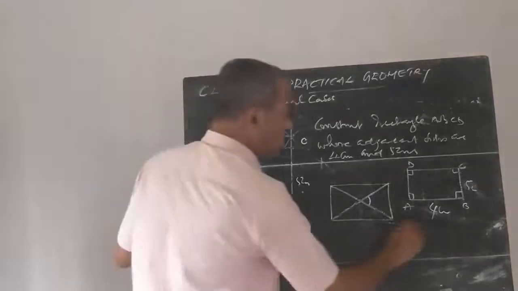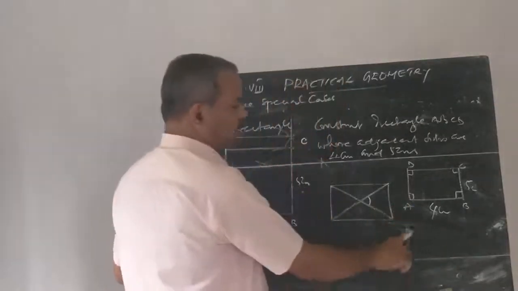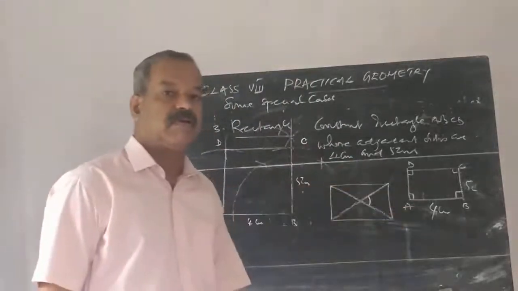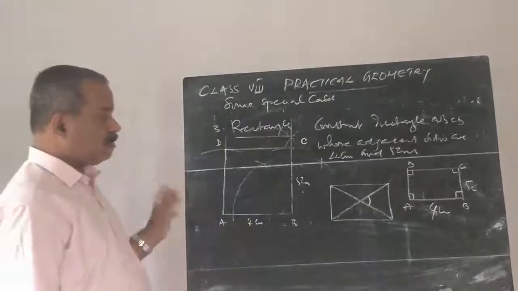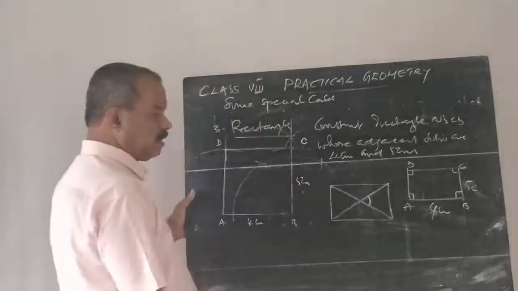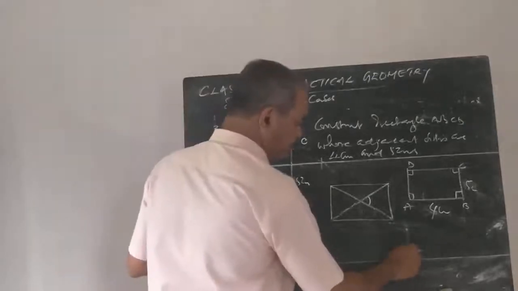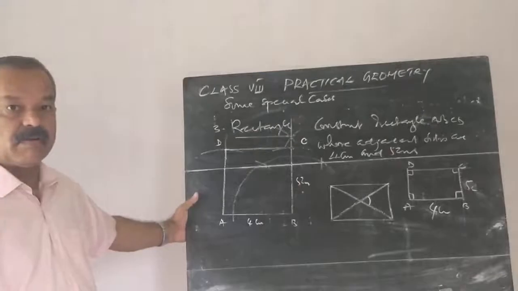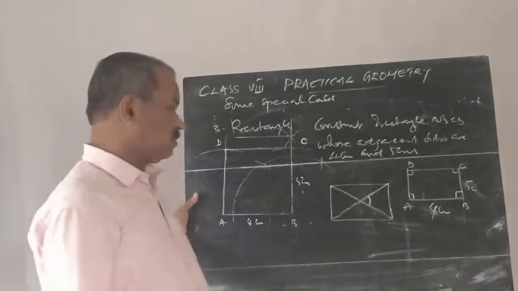For a square, either the length of the side or the diagonal, because diagonals are equal and perpendicular bisectors of each other. For a rhombus, if we are given the length of the diagonals, since the diagonals are perpendicular bisectors of each other, we can construct it.